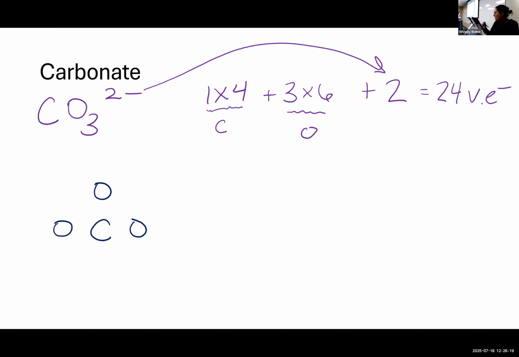There's 24. So I think we would just put 8 around each oxygen, and that would be a great starting point. So if I count again, 2, 4, 6, 8, 10, 12, 14, 16, 18, 20, 22, 24. So yes, this is 24 valence electrons.